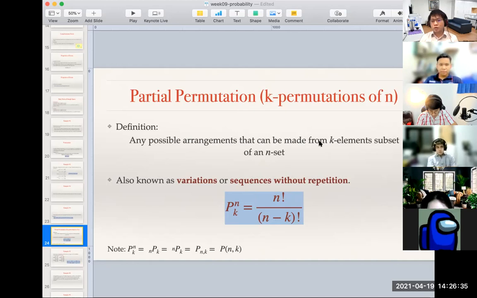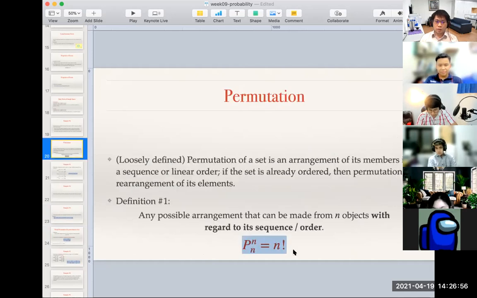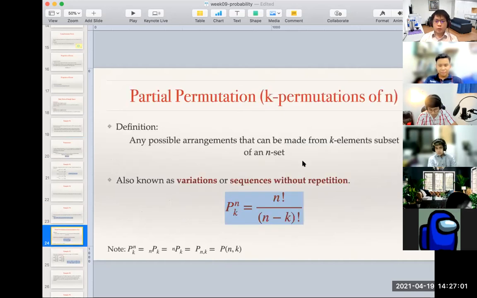But usually you will not choose 5 out of 5. If you have 5 elements in a set and you choose to do 5 permutations of 5, then what does it mean? It's simply similar to performing the normal complete permutation. Partial permutation is also known as variations or sequences without repetitions.